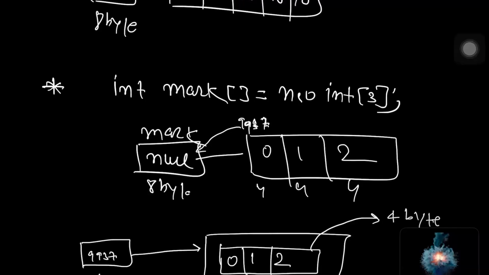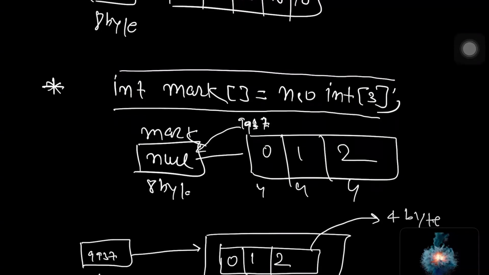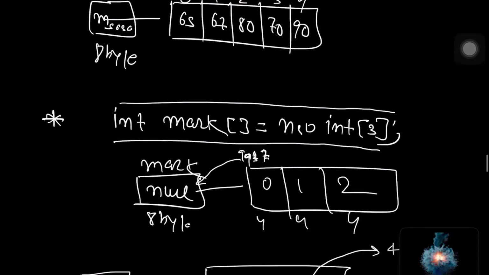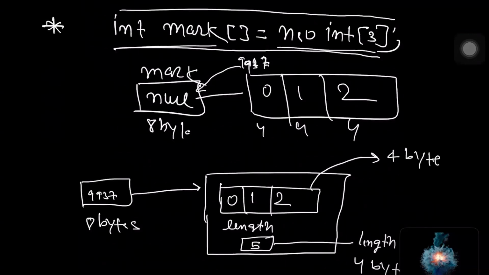In the last class, we have seen this: one line declaration and construction, right? When we create an array in one line, declaration as well as construction, what will happen? The simple thing, here I have a variable called mark.